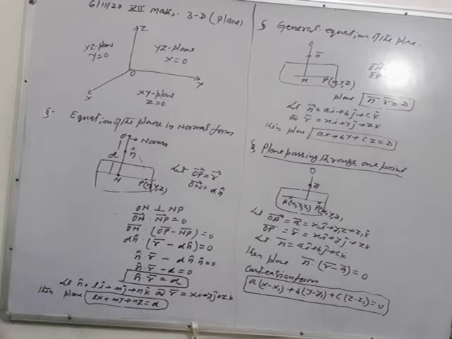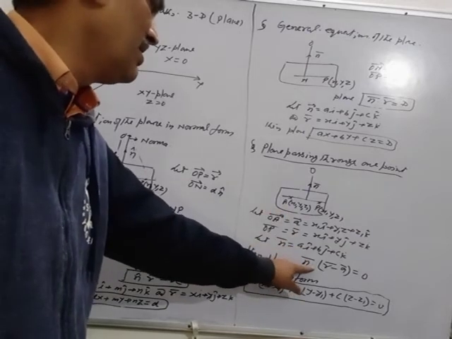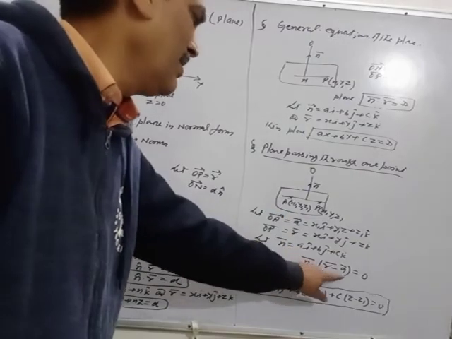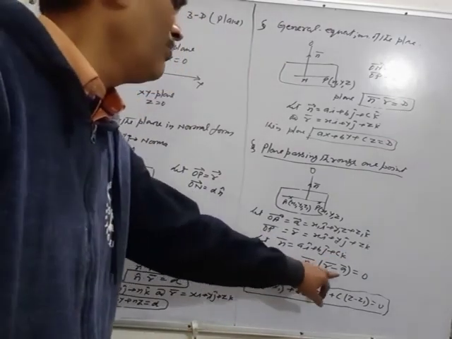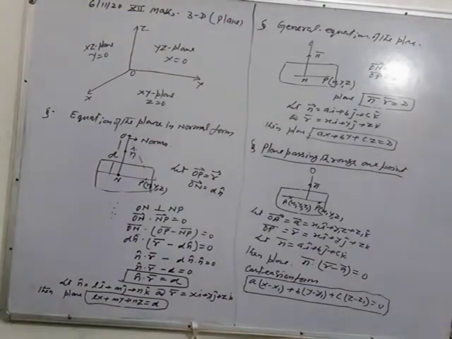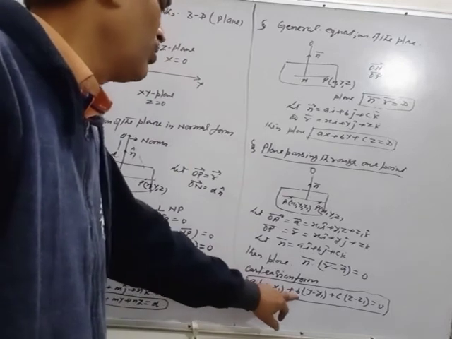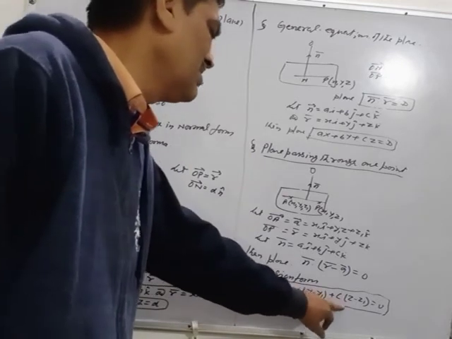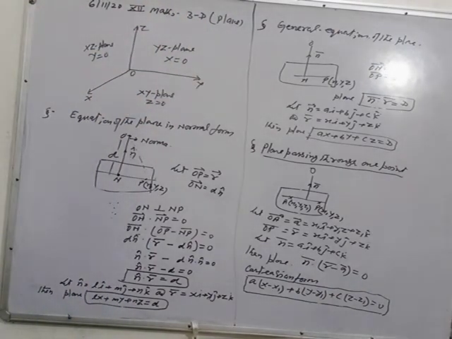Then vector equation of the plane when it passes through a given point A, you will write this relation n dot (r minus a) is equal to 0. And remember here n dot (r minus a) when plane passes through one point, and its Cartesian form without vector is a(x minus x1) plus b(y minus y1) plus c(z minus z1) is equal to 0, where a, b, c are direction ratios of normal.